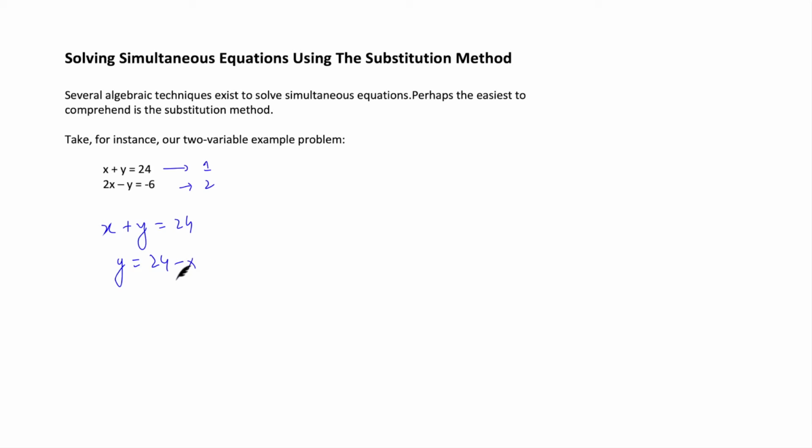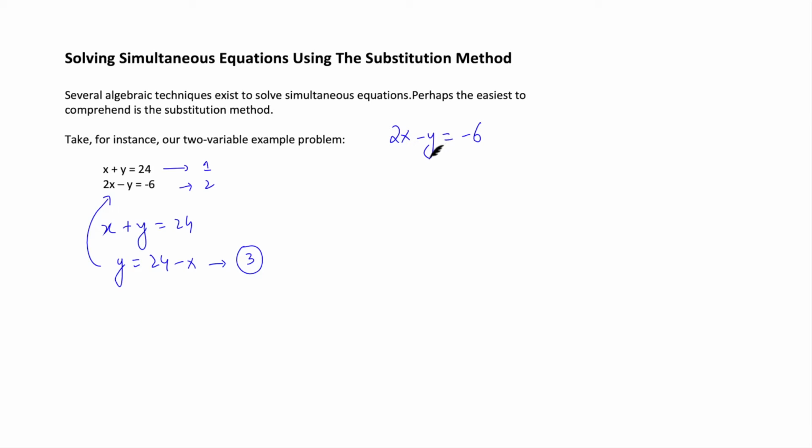Now what we do is we take this new definition of the variable. Let's say this is equation 3 and I will put this back into equation 2. This is basically substitution. I am substituting the y value into equation 2. And that will become, we have 2x minus y equals minus 6.